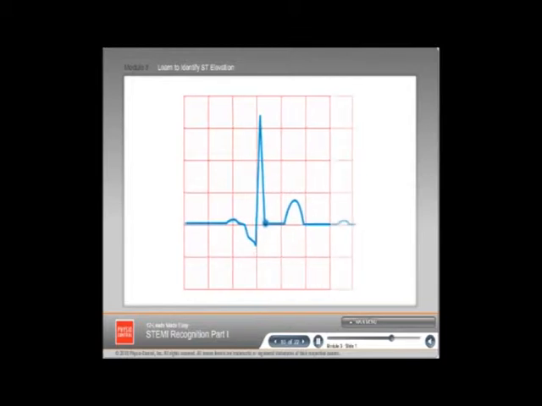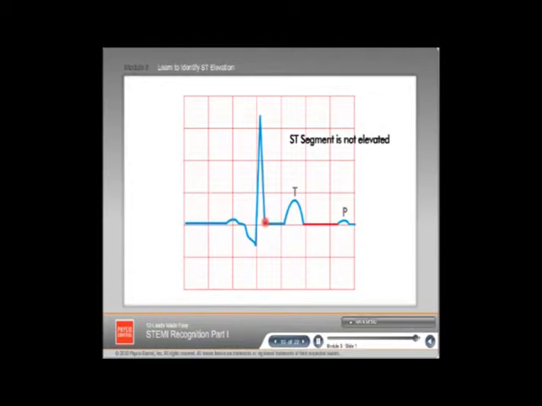A better reference point is the TP segment. The TP segment stretches between the end of the T wave and the beginning of the next P wave. Once you have found the J point, compare it to the level of the TP segment. In this case, we see that the J point and the ST segment are level.